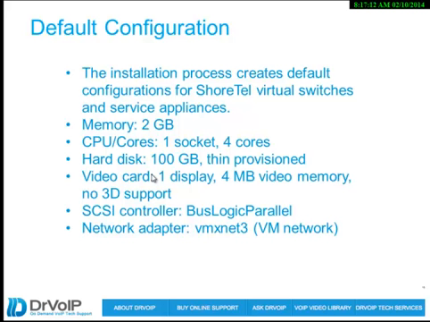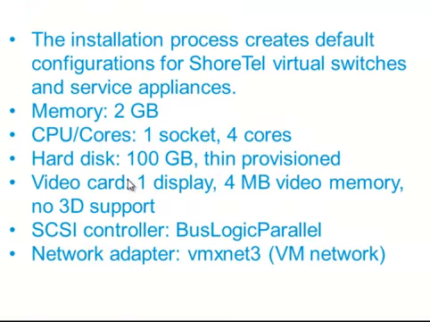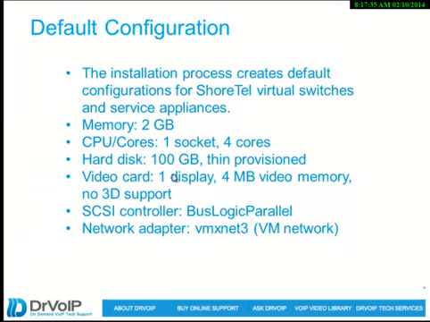The installation process is going to create a virtual switch or a service appliance. It's going to have basically a configuration of 2 gigs, a 4-core single socket processor, a 100 gigabyte thinly provisioned hard disk, a video display, a SAS controller, and a network adapter.